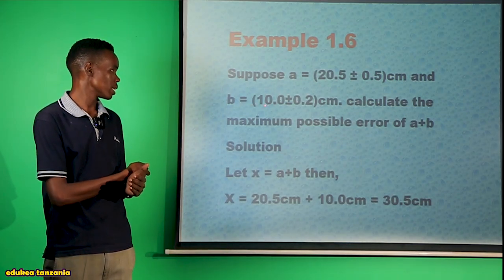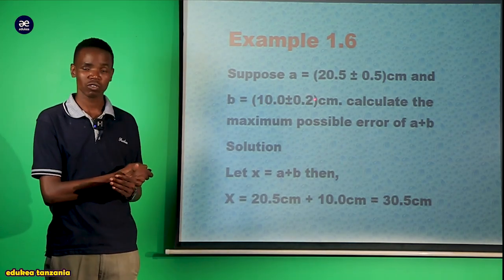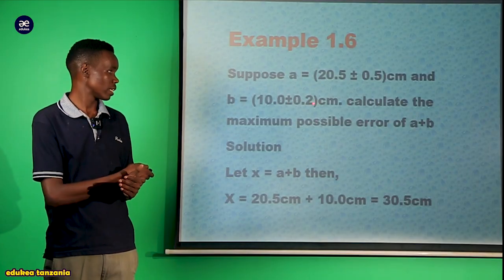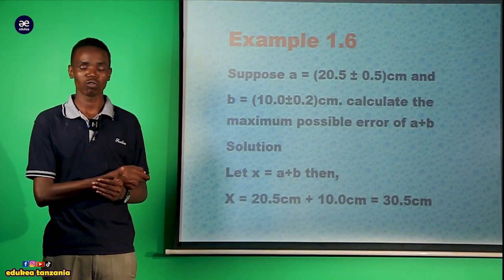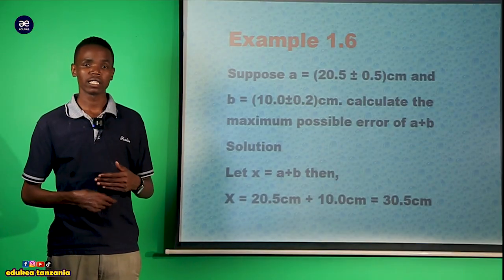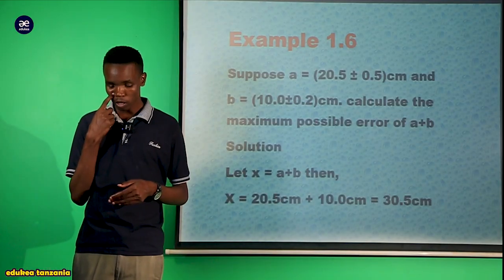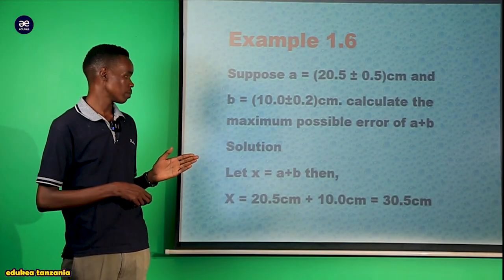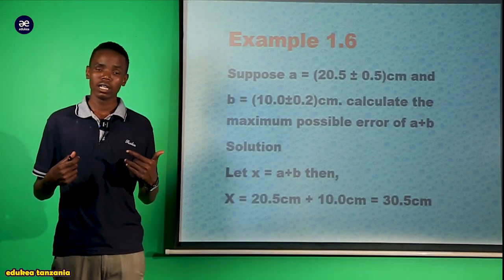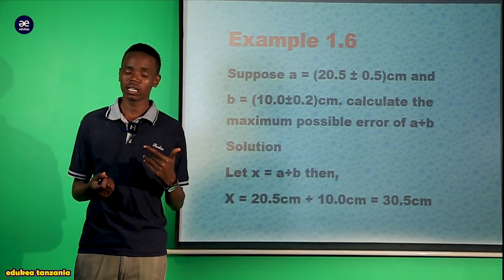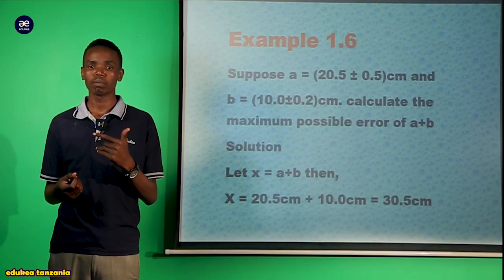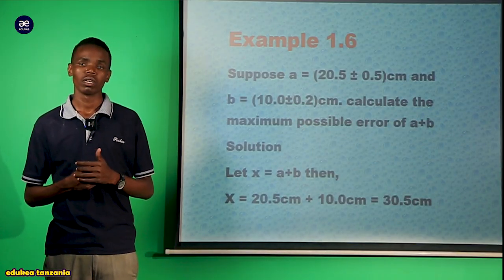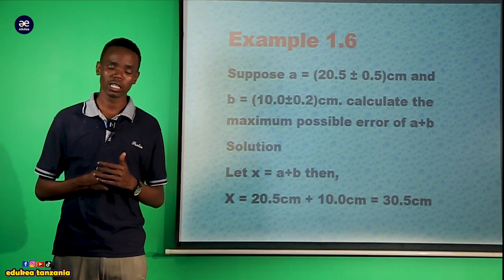Even here for B, this represents the true value of B, but the second represents the absolute value of B. Now after identifying it, imagine that X is equal to A plus B.